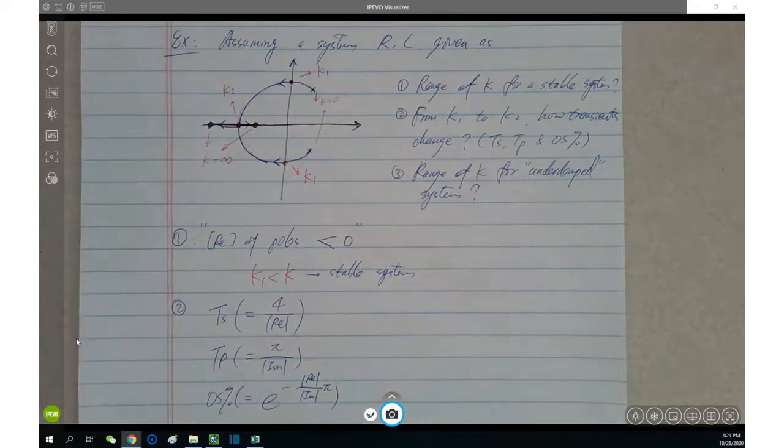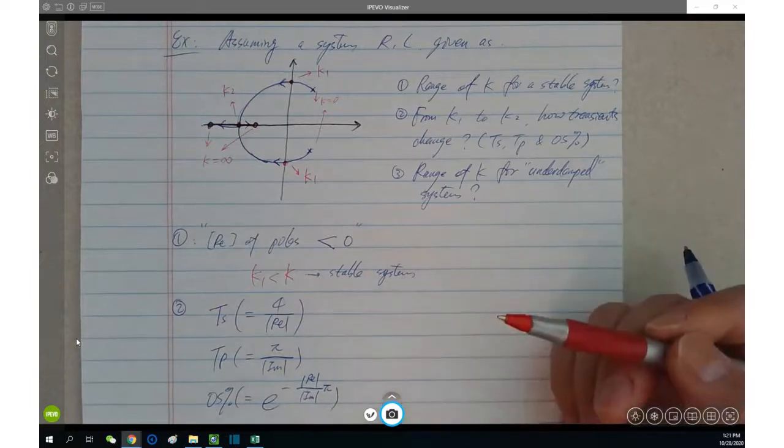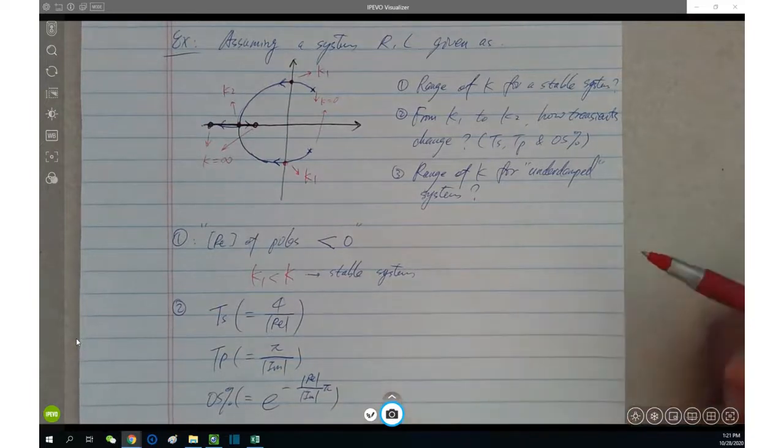All right, let's take a look. So first of all, the TS, how is the TS going to vary? If the denominator increases, then we should get a decrease in the settling time.